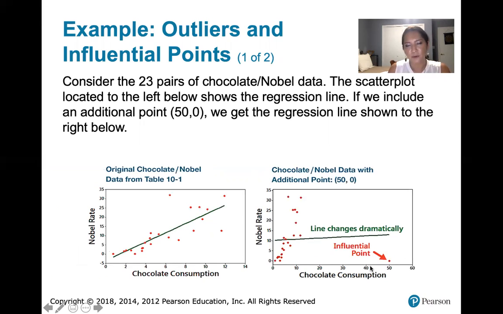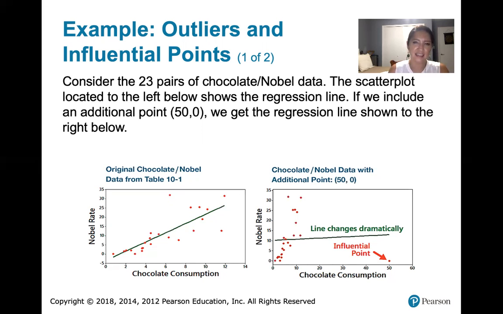So we're including this point 50, 0, which means you're talking about a country that consumes 50 kilograms of chocolate per capita, but they have no Nobel laureates per 10 million, or such a small number of Nobel laureates per 10 million, we're going to at least estimate that it's 0.